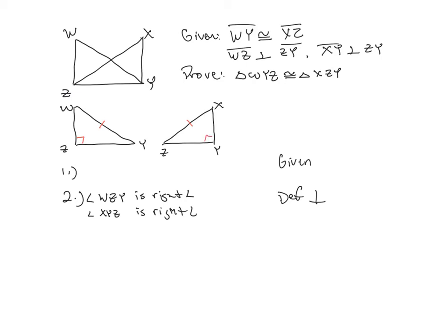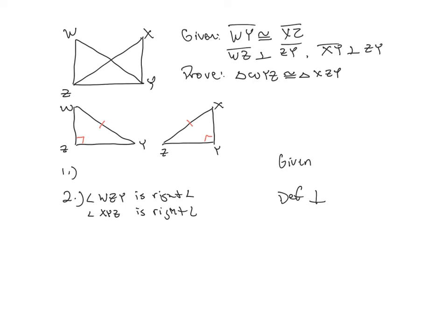But hopefully you can see that if you said that the angle is congruent, well, then WZ and XY would have to be congruent in the left triangle, and XY and ZY would have to be congruent to make it side angle side to go in order. But what I have is the side across from it. So that's not going to help me to say that those angles are congruent.